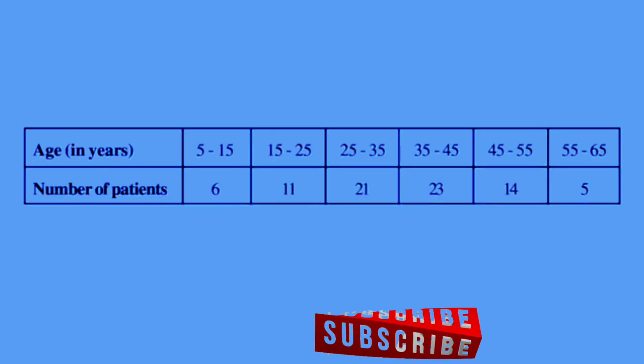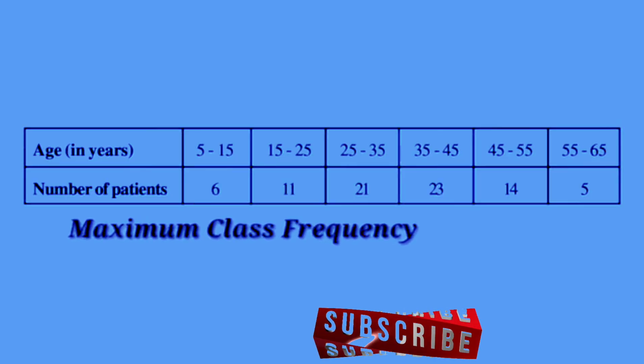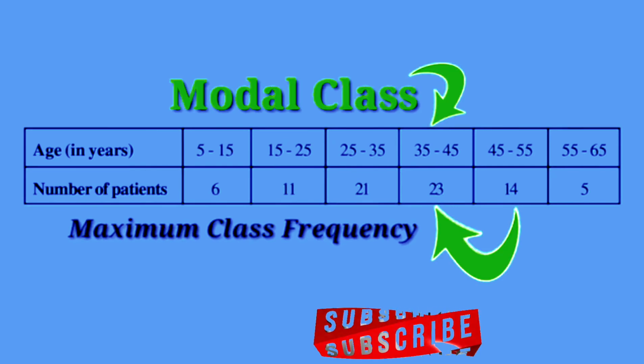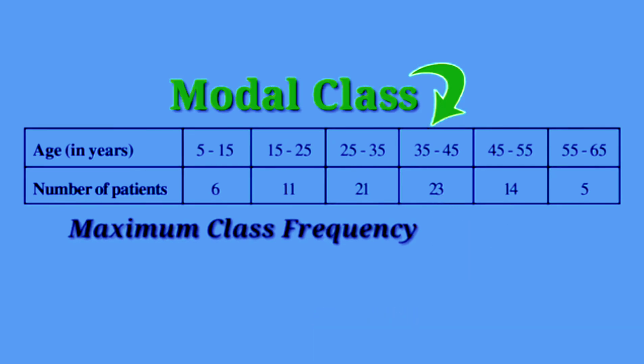From the table it can be observed that the maximum class frequency is 23, belonging to the interval 35 to 45. So the modal class is 35 to 45.